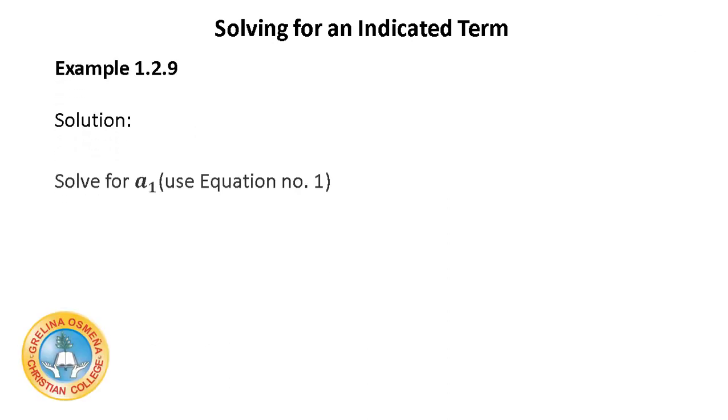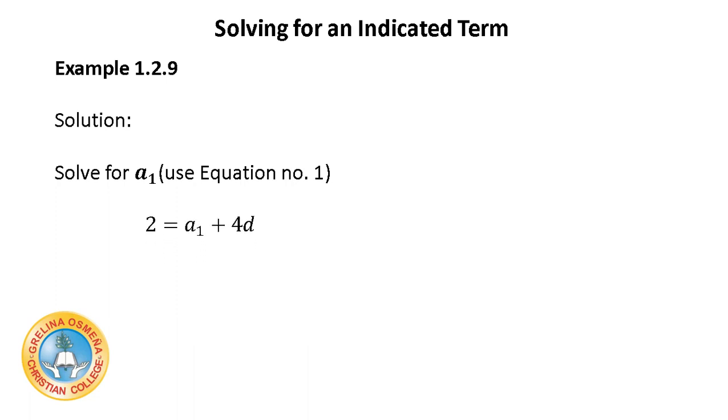So we have now the value of the common difference. Using it in equation number 1, which is 2 equals a sub 1 plus 4d, we can now get the value of a sub 1. So 2 equals a sub 1 plus 4 times negative 2, which is negative 8.